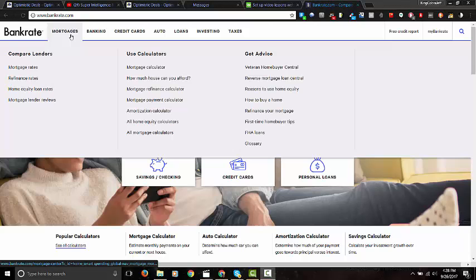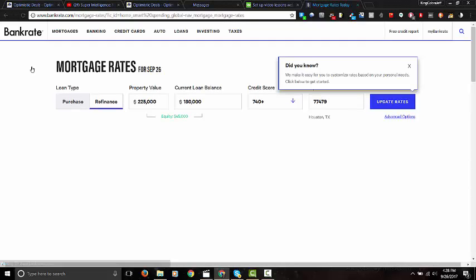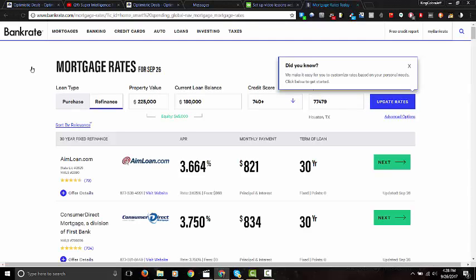If you click here on mortgages, you will see how you can see mortgage rates. The reason mortgage rates are important as a real estate investor is that it allows you to see what big lenders are giving, which specific rates they're providing to potential customers getting mortgages.